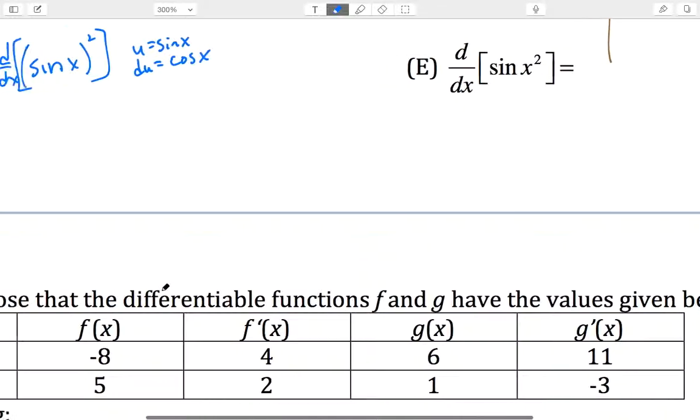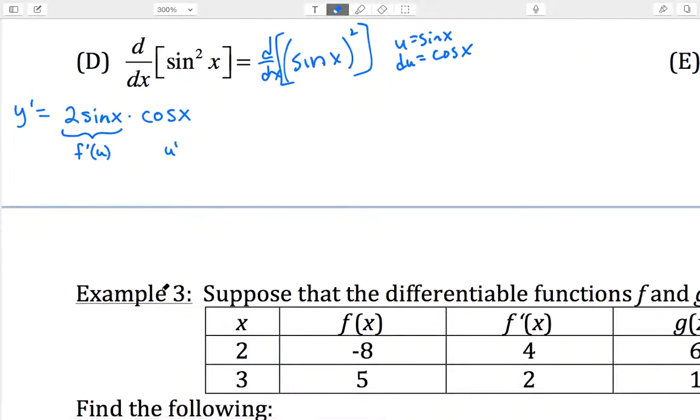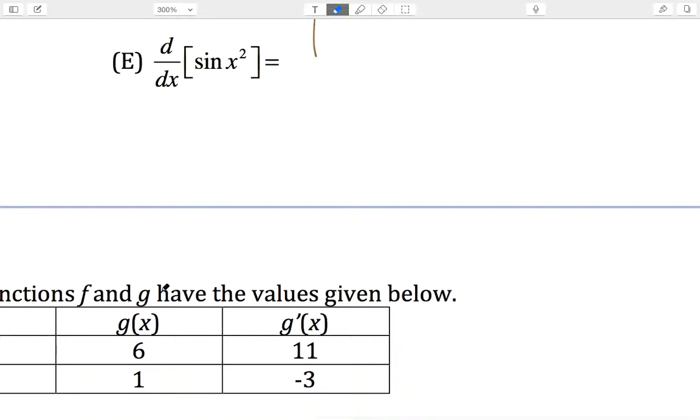So we want to contrast D, where we got 2 sine x cosine x, with E, which is extremely similar, except that this is the sine of x squared. So what is u? x squared. And so u prime is 2x. Okay? So now y prime is the derivative of the outside. What's the outside function? Sine.